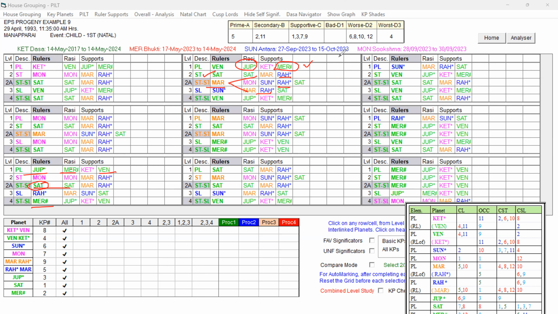I think you are able to understand how useful these key planets and the PILT table were in finding the key planets' role in the rulers and in supports, and in eliminating the planets which have unfavorable key planets. The PILT connections and ruler links, we can easily identify with the PILT table.